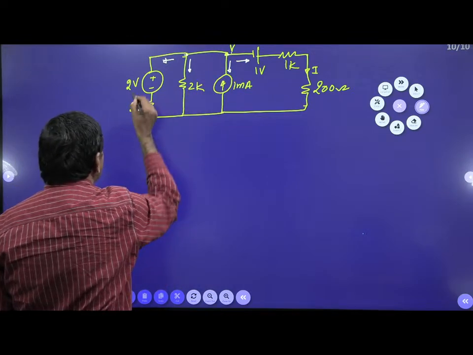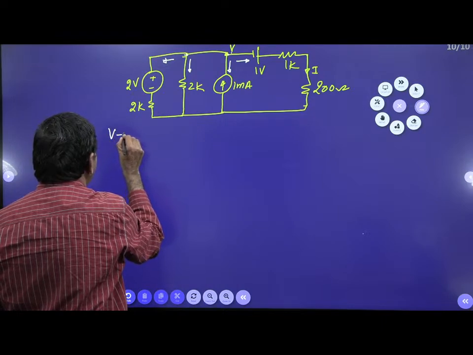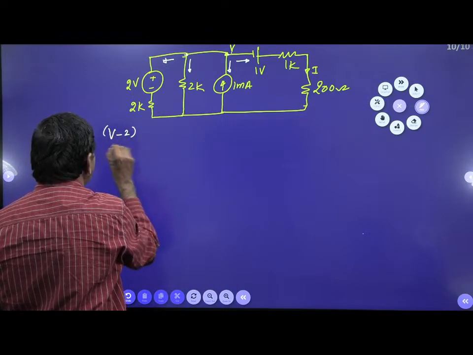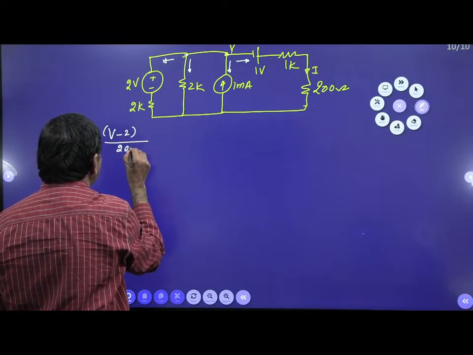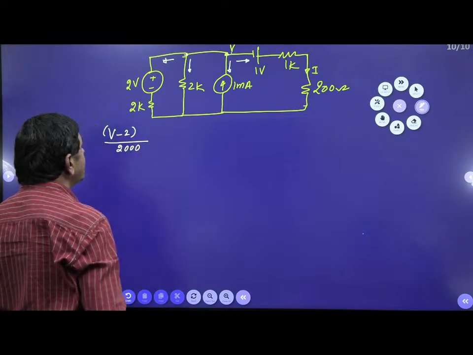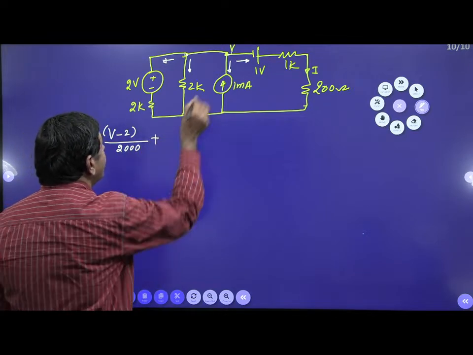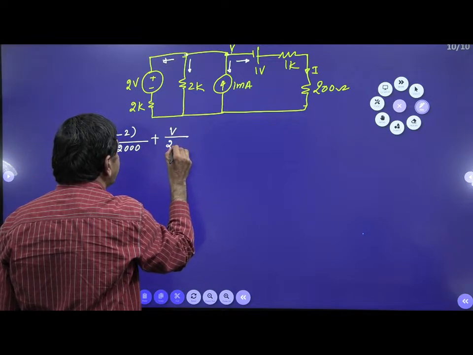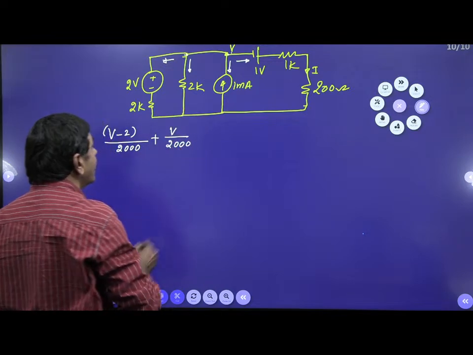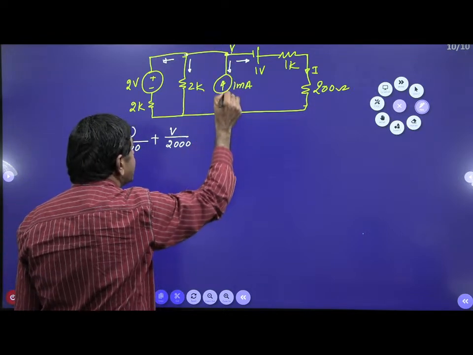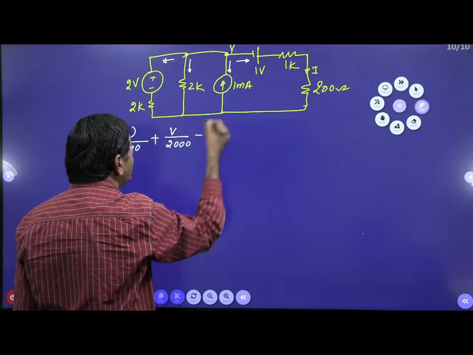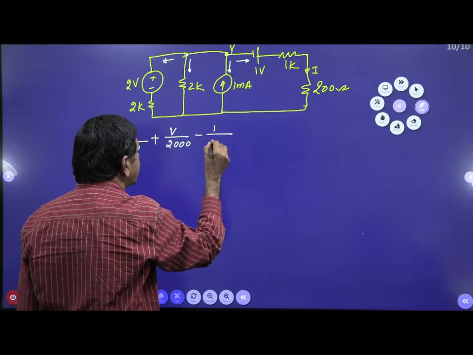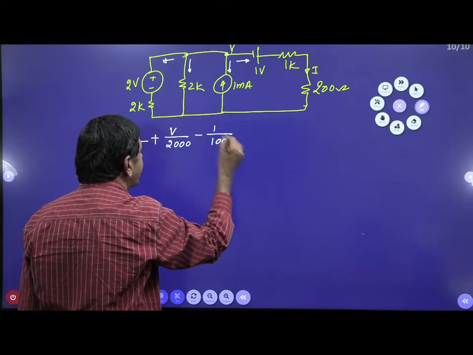Understand my point? How can we apply the nodal equation? (V minus 2) divided by 2K, 2K means 2000, plus V divided by 2000. This current is negative because it is in the opposite direction: minus 1 milliampere, which I can write as 1 by 1000.